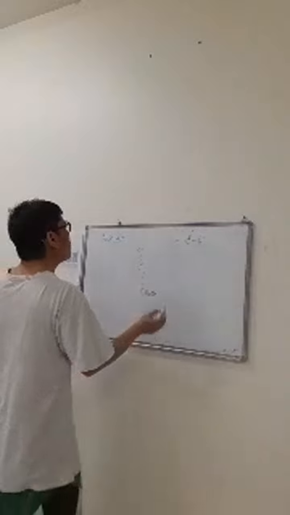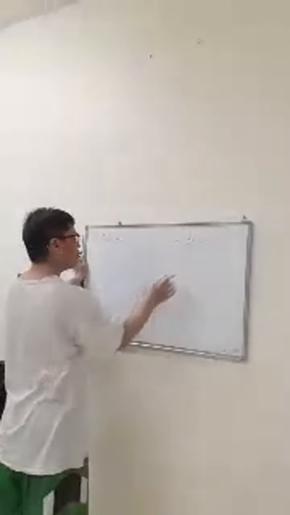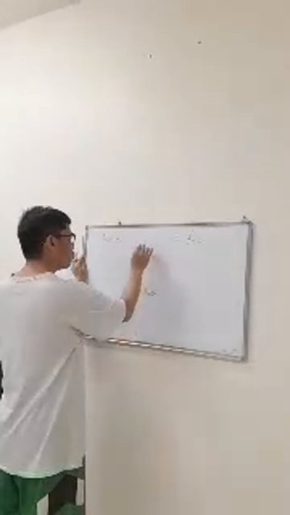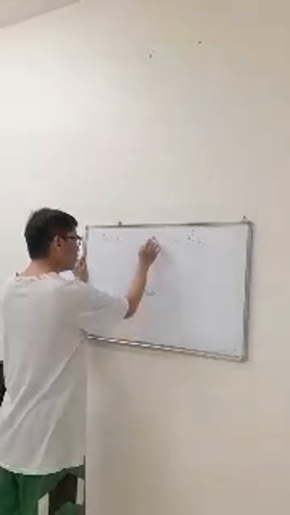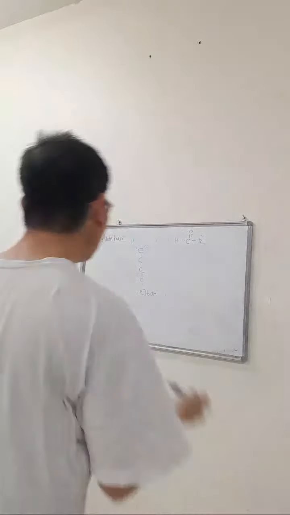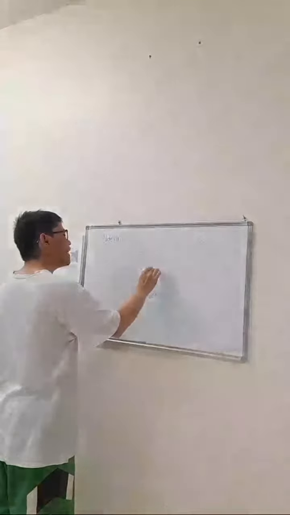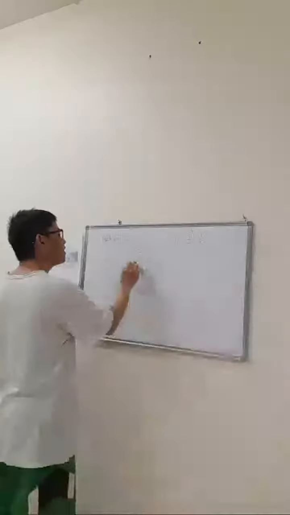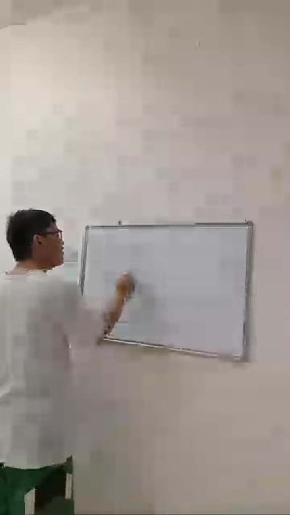This is the R, and here is your double bond oxygen with the H. Then H and OH on the carbons, the OH is normally placed on the right side.